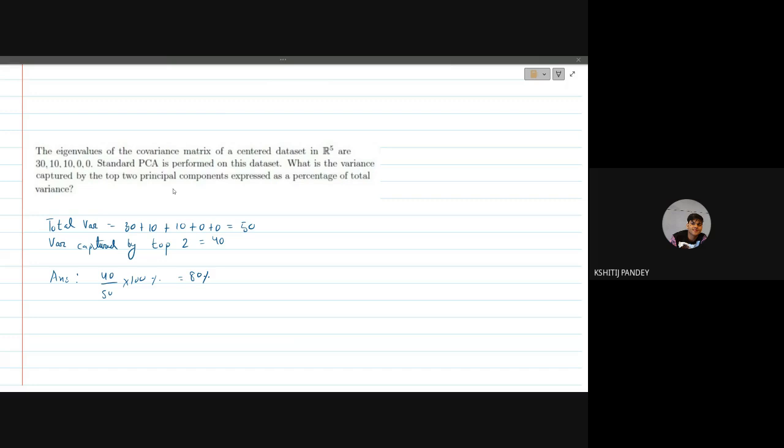If the question is about the top three principal components, can we add that last 10 also? Yes, because both values are the same, both of them capture the same amount of variance. So it would be 30 plus 10 plus 10 divided by 50, which is 100%. Correct.